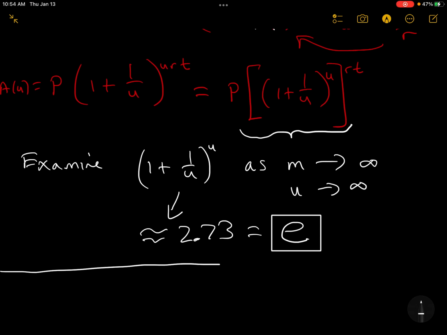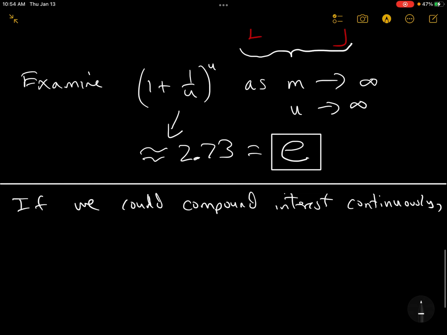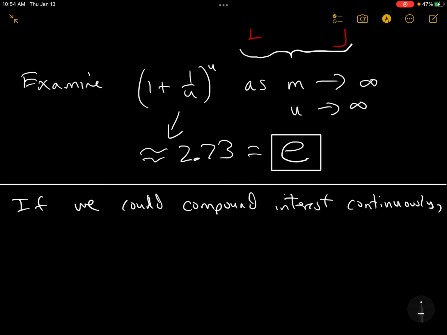So if we could compound interest continuously, meaning every second, or every microsecond of every day, you were compounding continuously, then the accumulated amount would be P e to the rt.